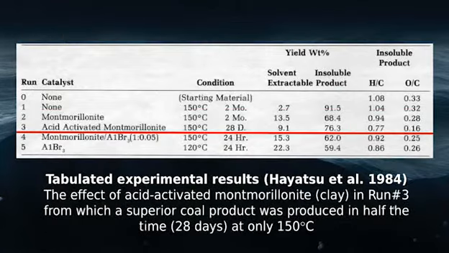And here in run number 3, they made sure that the clay was acidic, which is significant because volcanic waters are acidic from the sulfur. And so they simulated acidic clay, and the acidic clay sped up the process, halved the time down to only 28 days to get a good quality simple coal.